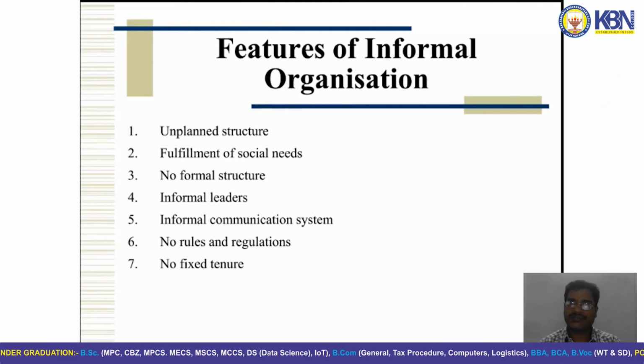And coming to the next one, that is informal organization. When we talk about the features of informal organization, here there is no planned structure. It is a completely unplanned structure. Like I already mentioned in the formal versus informal organization slide, in informal organization people want to get mingled with everyone.